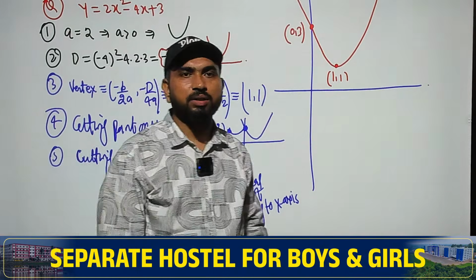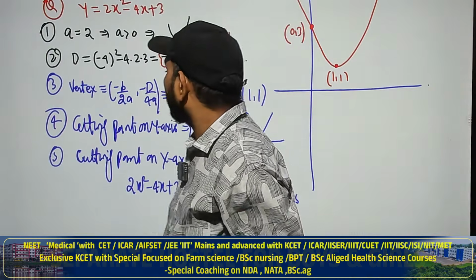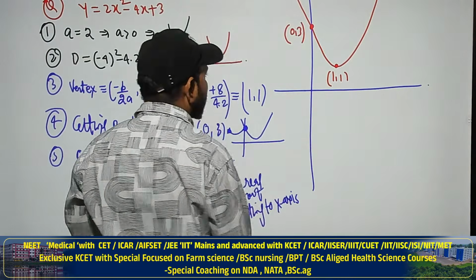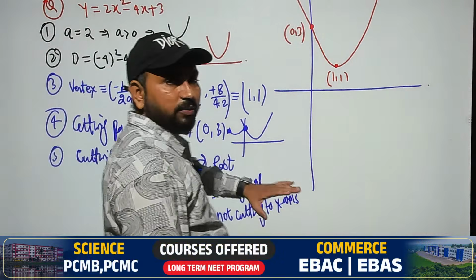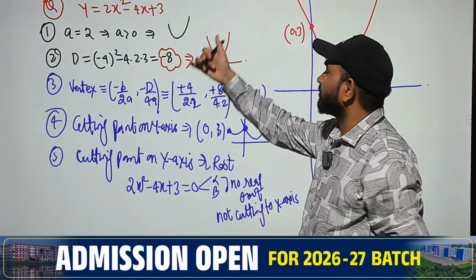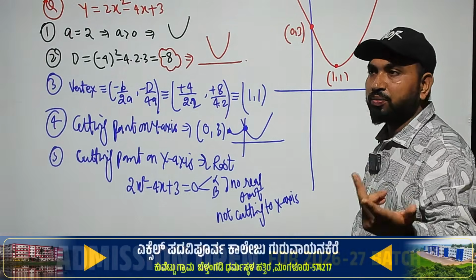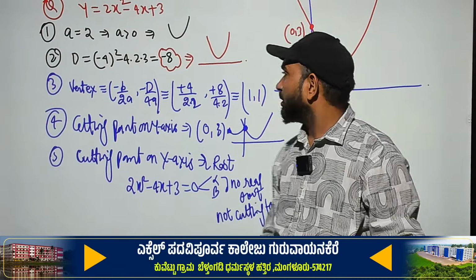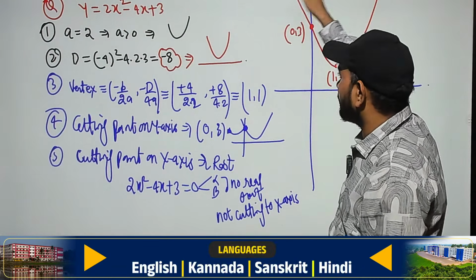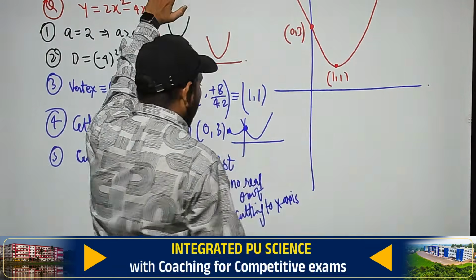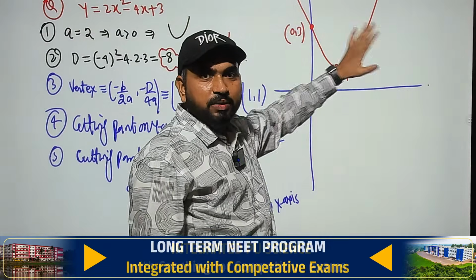No real root, correct. Because D is negative, there is no real root, which means no cutting of the x-axis. It just goes above. So this concept is clear.